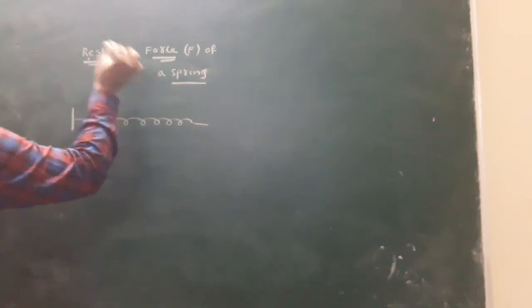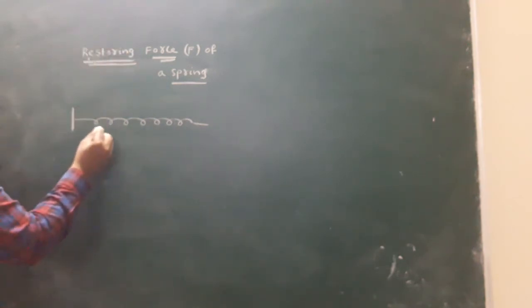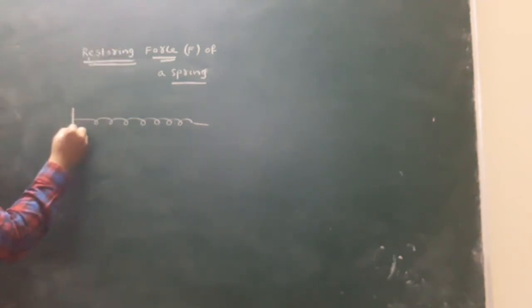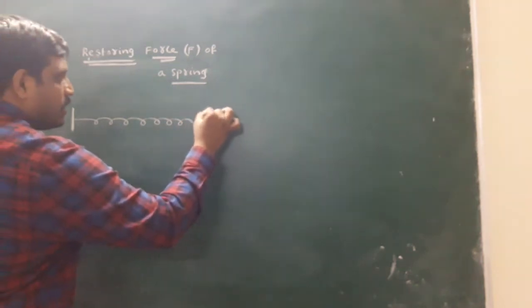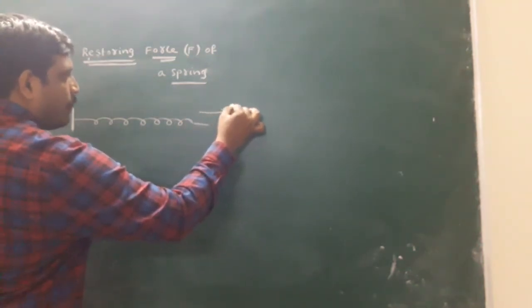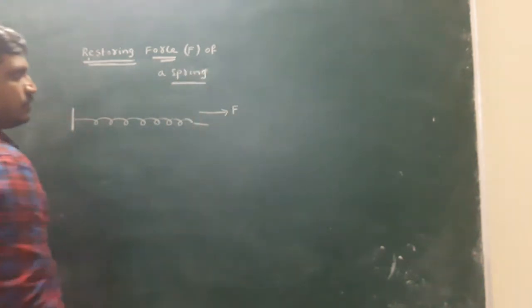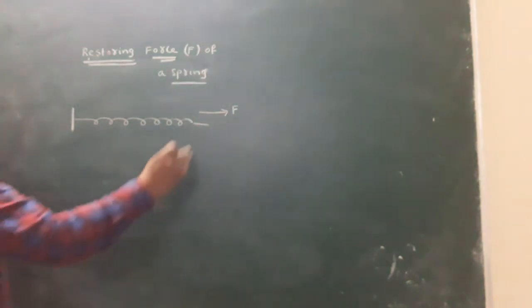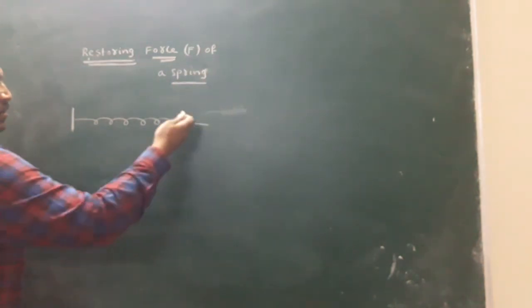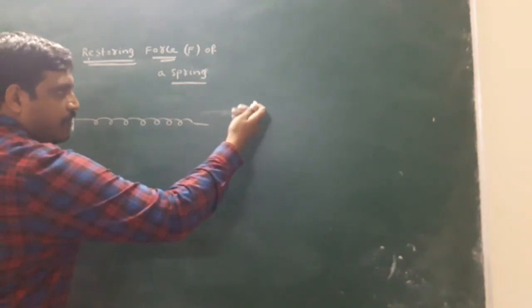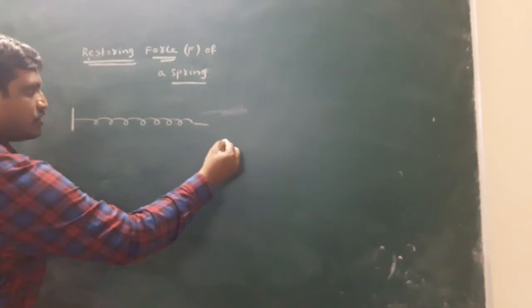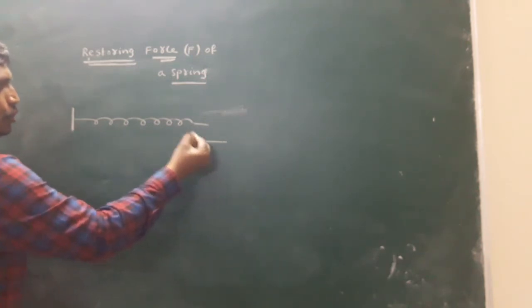Next, I am going to discuss the restoring force of the spring. Spring, one end is fixed, the other end is pulled by applying a force. Pull, then leave to free. What happens to the spring? The spring is restored.